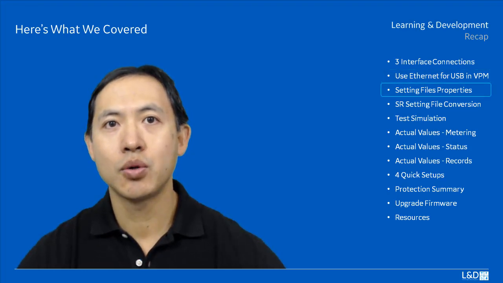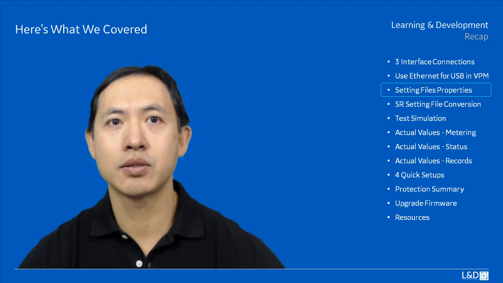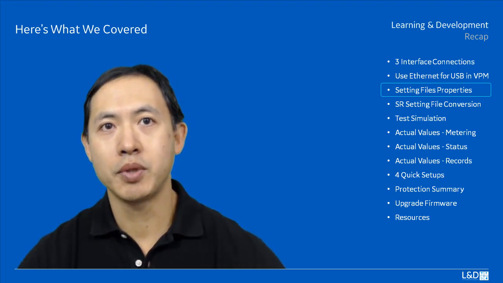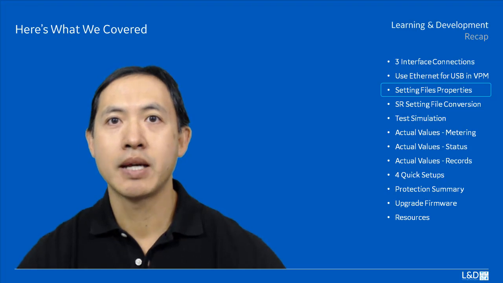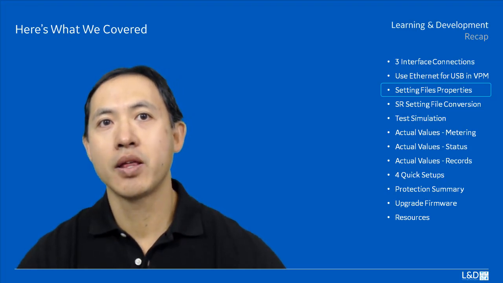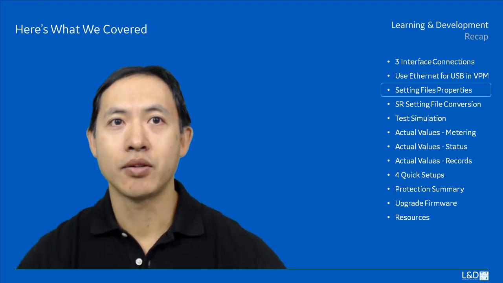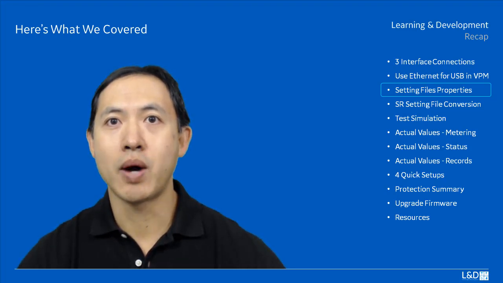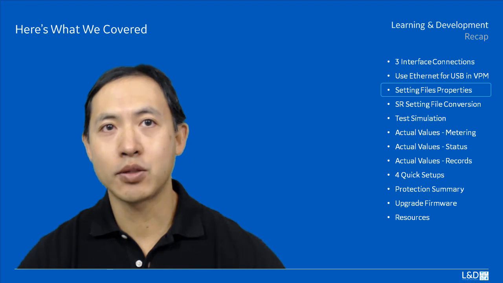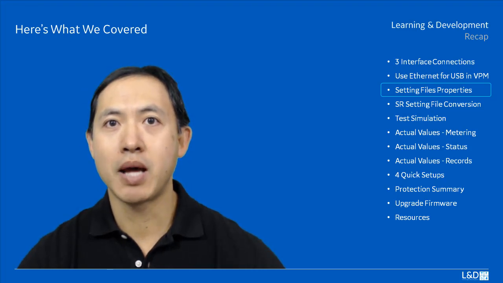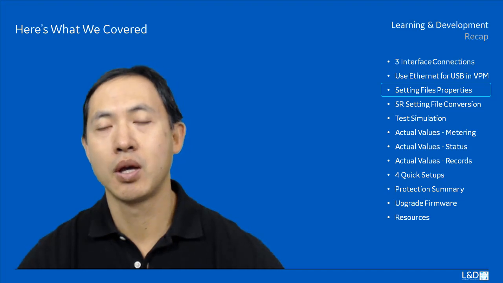In the setting file section, we introduced how to read and write the setting files, also called download or upload setting files, and how we can copy, rename, compare, and edit the setting files. There are two ways of writing setting files: right-click on the file and choose Write to Device, or use drag and drop, which must be applied to the whole setting file, not a portion of it.